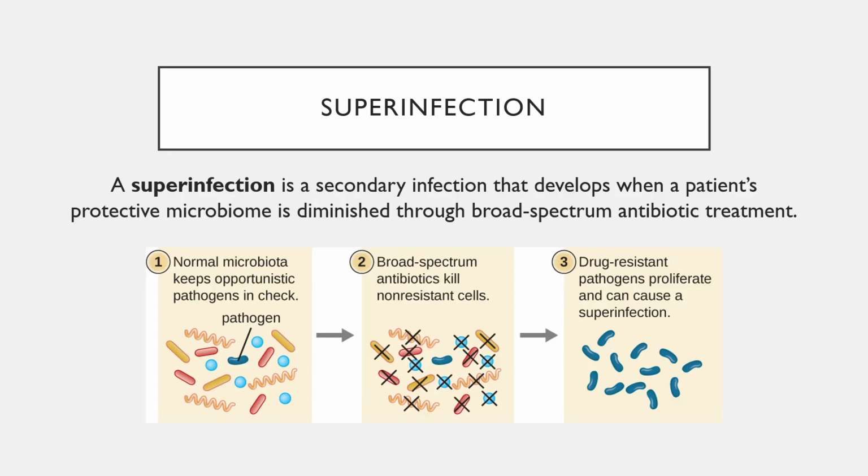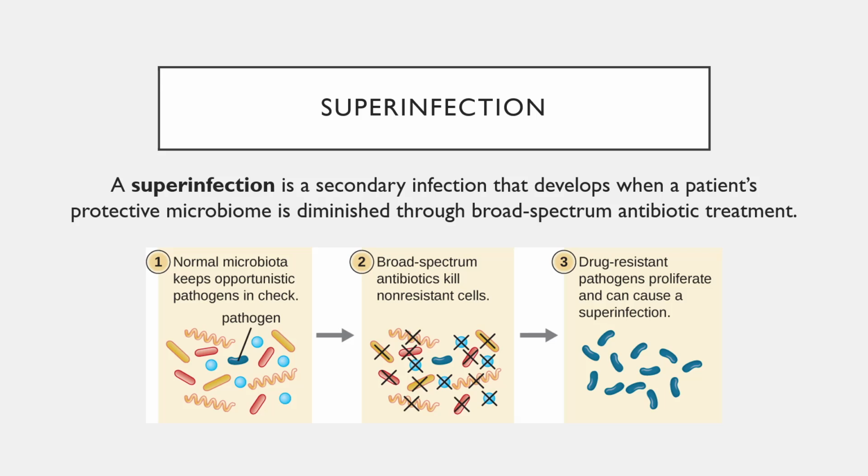A superinfection is a secondary infection that develops when a broad spectrum antibiotic treatment course kills not only the target bacteria, but other bacteria, beneficial bacteria, commensal bacteria that are found in the body. And these organisms actually have a protective effect because by having these mutualistic and commensal bacteria in the body, they will compete with pathogens for resources and space.